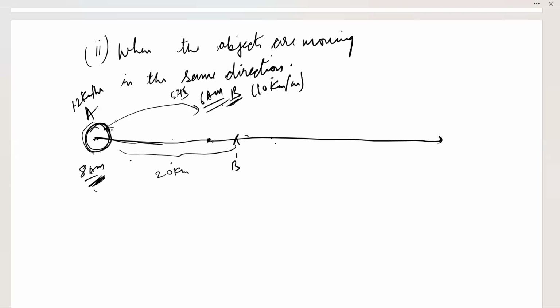Okay, this is there. Now A wakes up and sees, okay, B has taken the jewelry, and B is running away from me, and B is at a distance of 20 kilometers from me. Now, if A wants to catch hold of B and take back his jewelry.